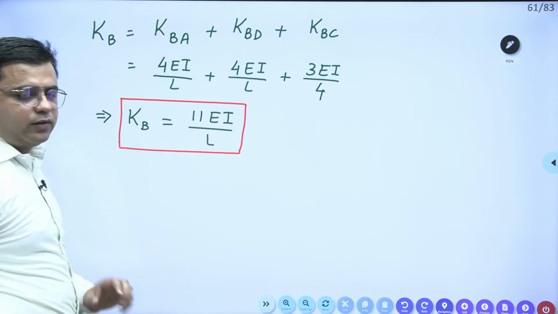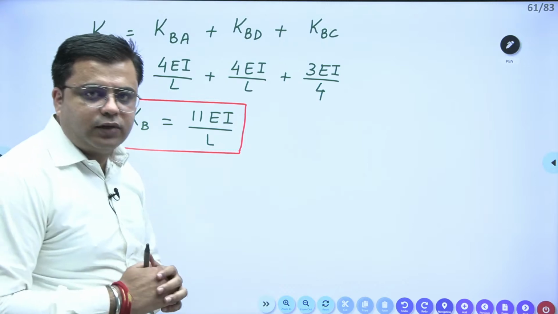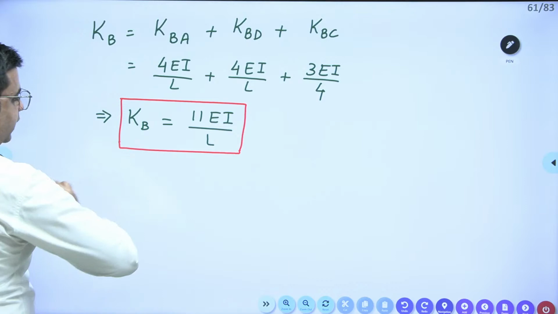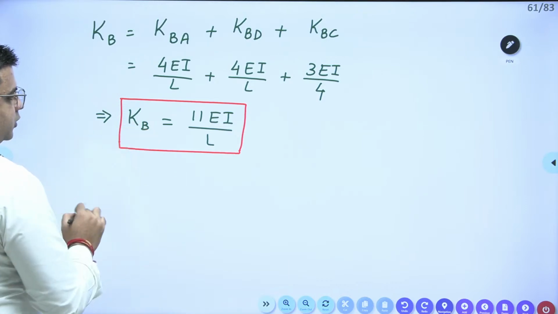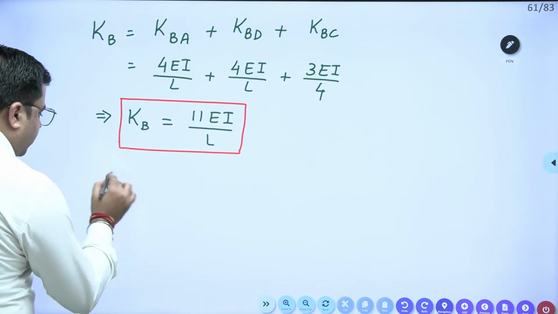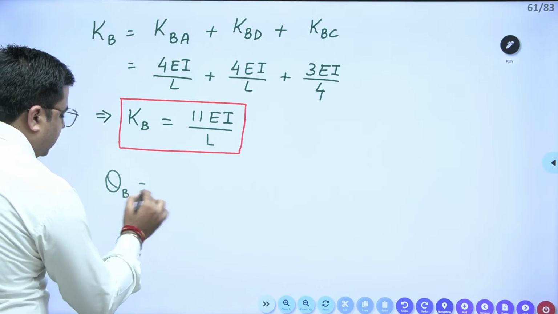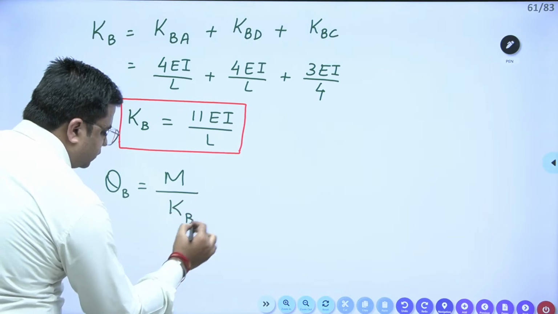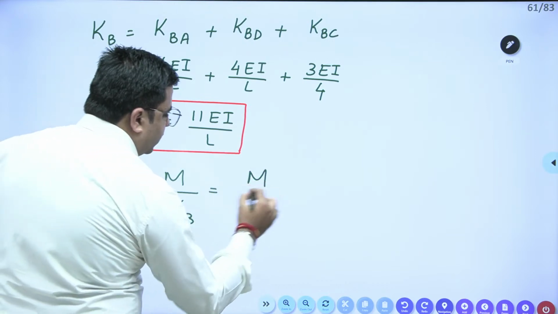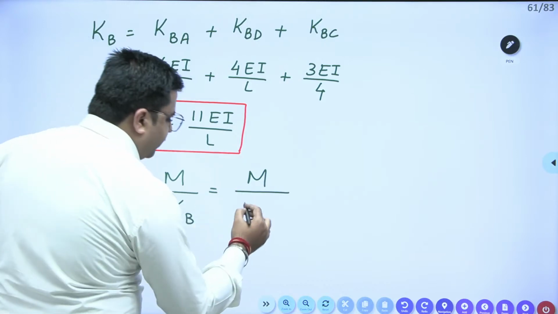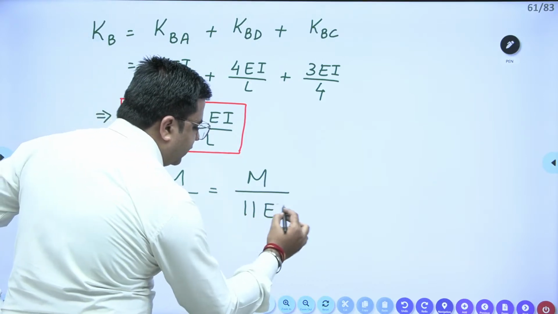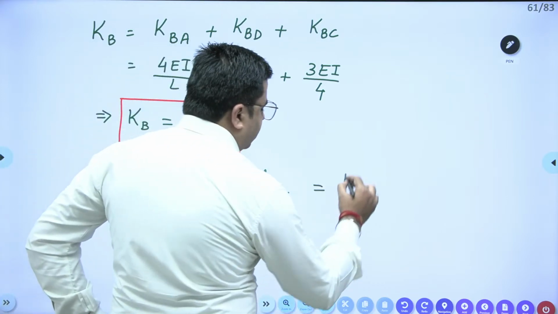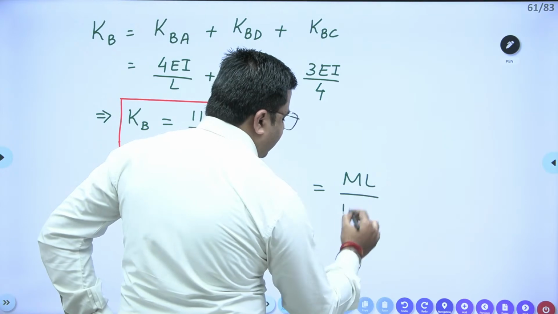We know the stiffness of the joint. Once we know the stiffness of the joint, we can calculate the rotation of this joint B, which is M upon stiffness of the joint B. So M upon 11 EI by L, it comes out to be ML upon 11 EI.